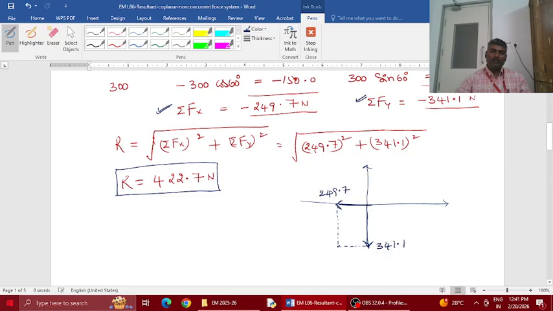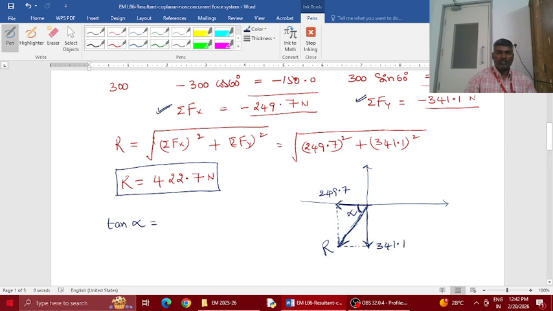Now the diagonal of this rectangle is nothing but your resultant. Okay, so this is your resultant force R. Now if I want the direction of this one, which we say in terms of angle, let's say this is alpha, and I prefer taking with x-axis. So alpha is equal to, I'll first write trigonometric parameter like tan.